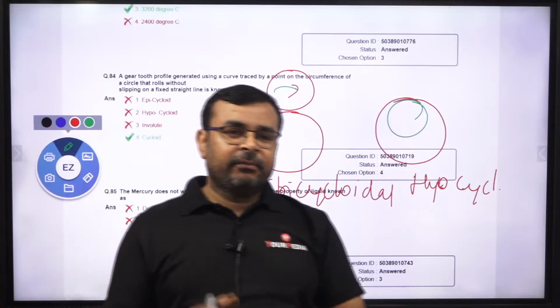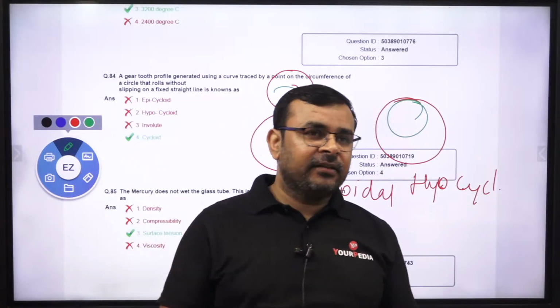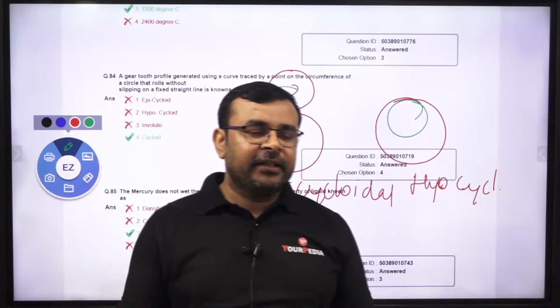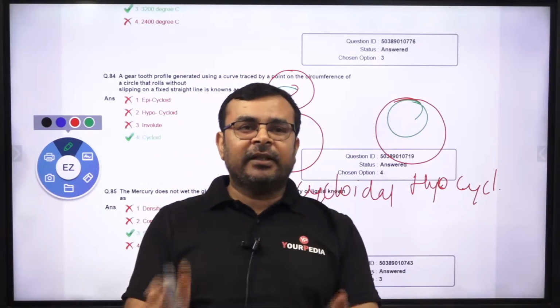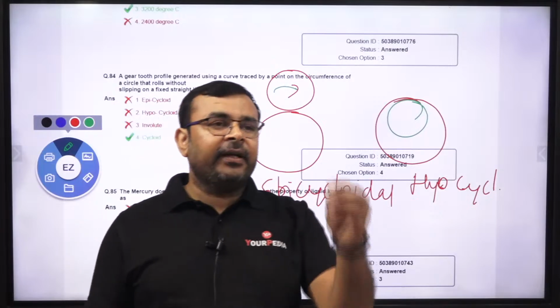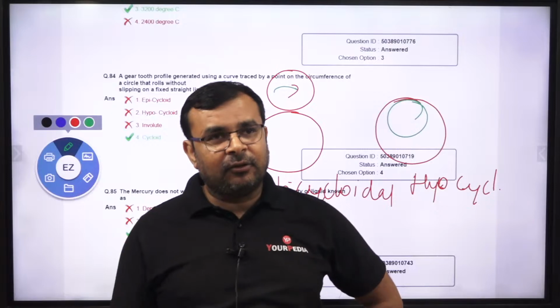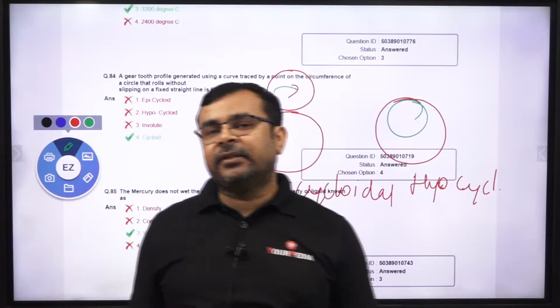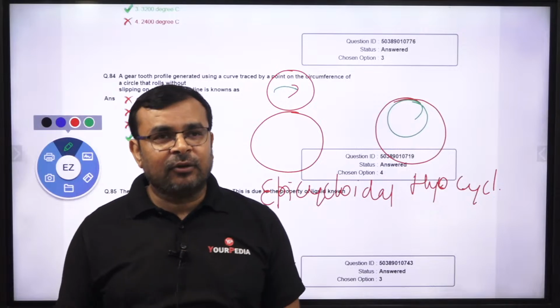Second, by changing the center distance, the pressure angle will also change, and even during engagement and disengagement the pressure angle is always varying. Third, it doesn't have any vibration absorbing capacity. So these are the three main demerits of the cycloidal profile. That's why it is not used for making gears.